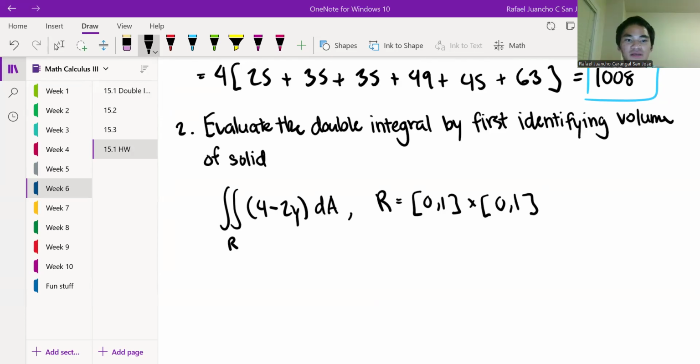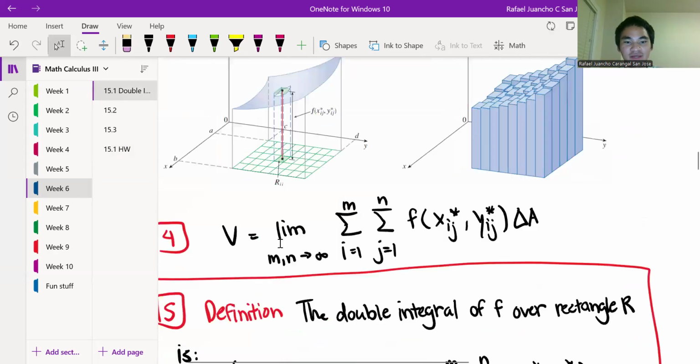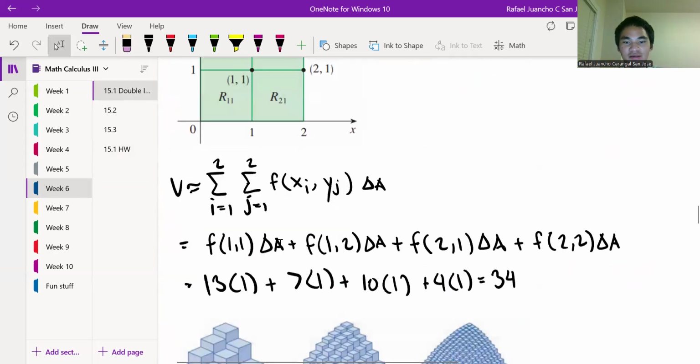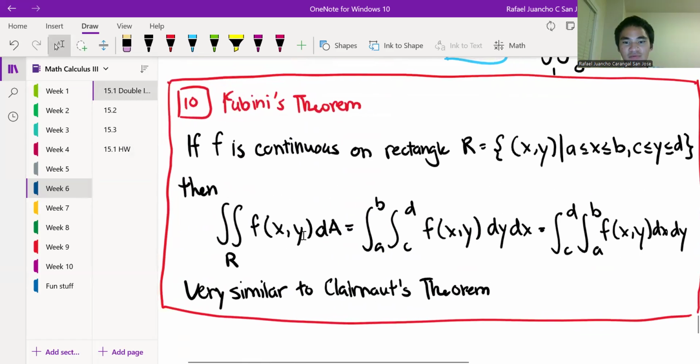So how do we do that? Well, we can use what we learned right here, Fubini's theorem, kind of. We can turn it into Fubini's theorem. F is continuous. Why?